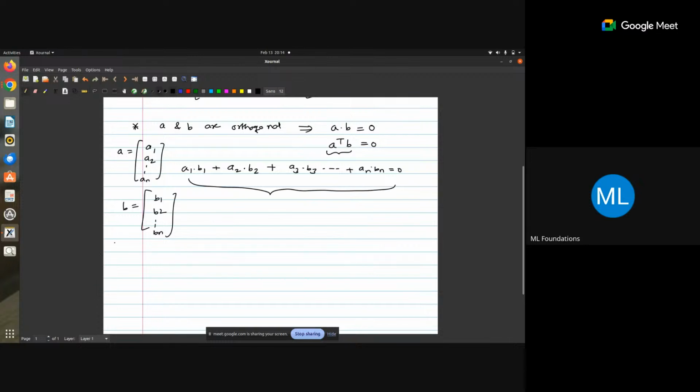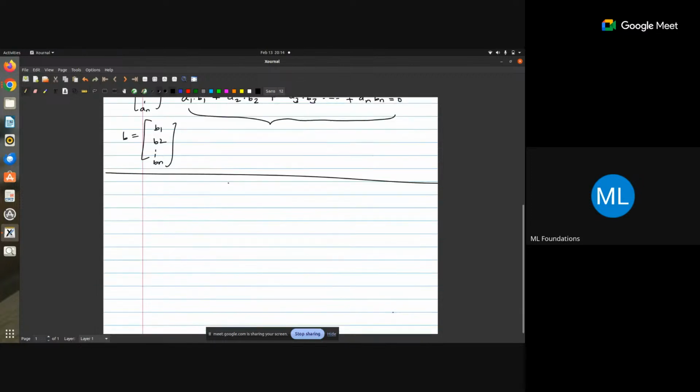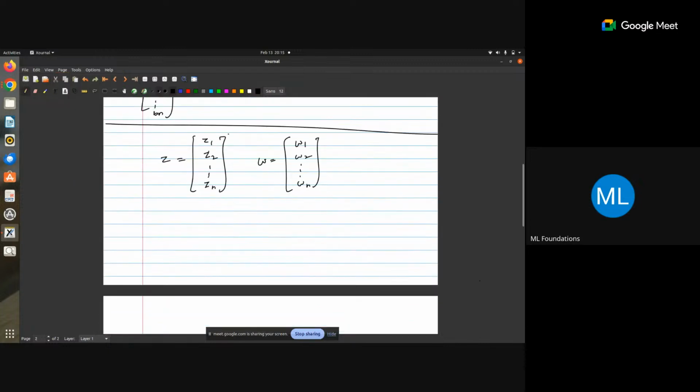I'll tell you what z and w are. Suppose z is a vector which contains values z1, z2 up to zn, and w is a vector where the values are w1, w2 up to wn. Let's say these two vectors are there.